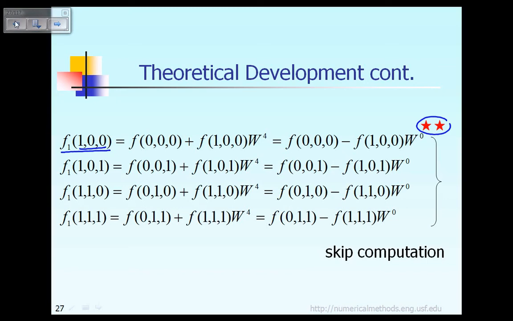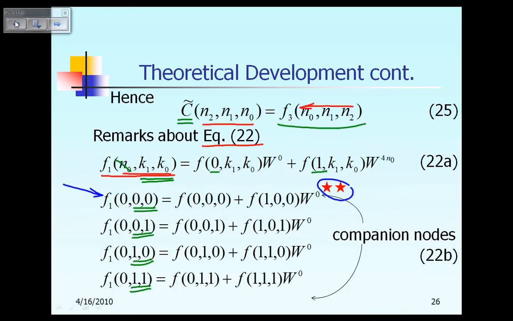Why? Because you can see, in order to calculate F1 of 0, 0, 0, the formula says it is equal to F0 of 0, 0 plus F1 of 0, 0 times W raised to the power 0. The computation of the next guy with the double star in the next slide is exactly the same. The only difference is this plus sign becomes the minus sign.